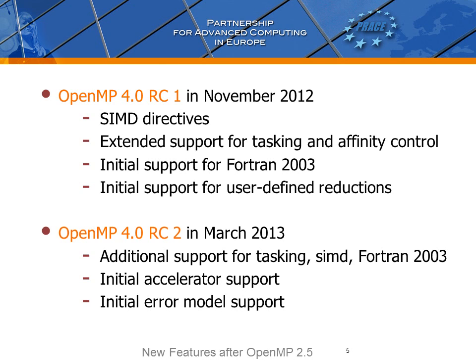In addition to a number of corrections and clarifications to the previous release, it includes several new major features, such as initial accelerator and error model support. The OpenMP Architecture Review Board plans to finalize 4.0 API specifications later this year. They plan to work immediately after on OpenMP 5.0.